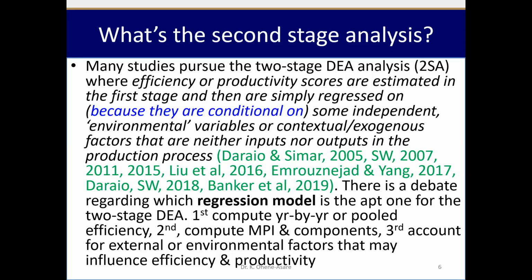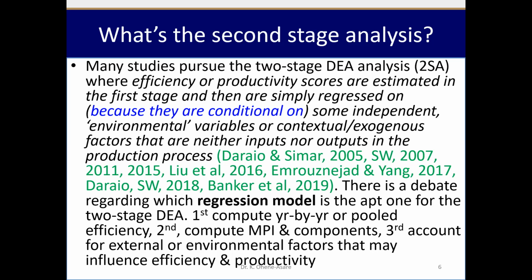Okay. So first, you compute your year-by-year efficiency scores or the pooled efficiency. Now, year by year efficiency scores means that you consider all the DMUs in 1 year, okay? You don't take another year. You consider all the DMUs in the year 2000.